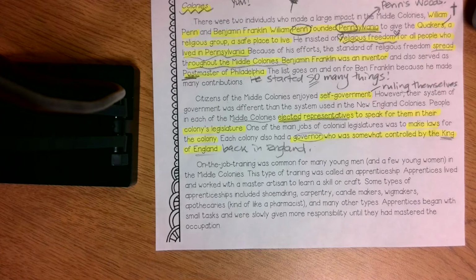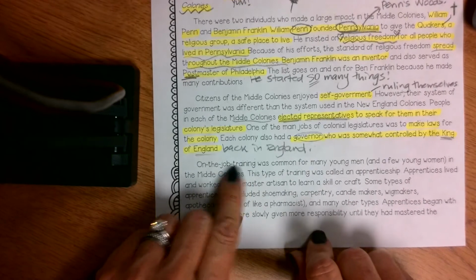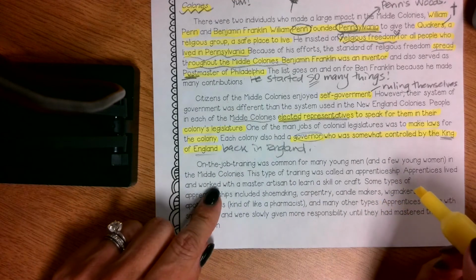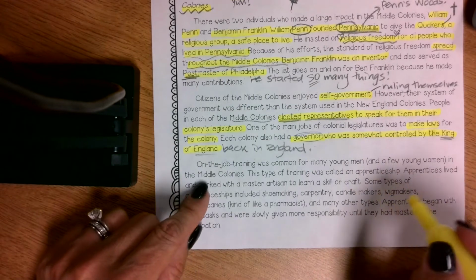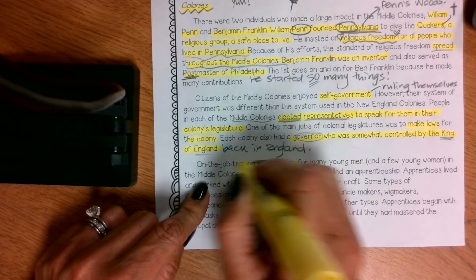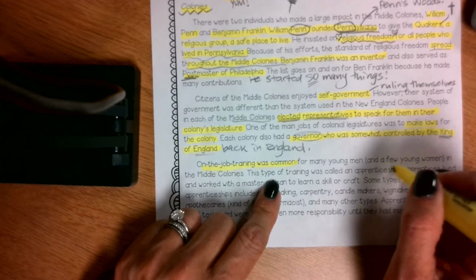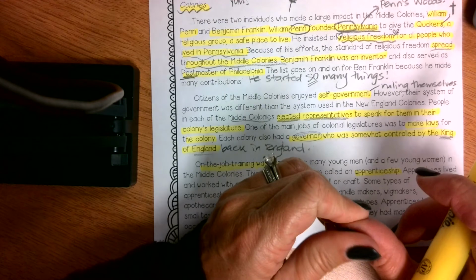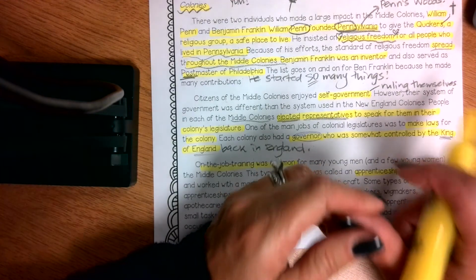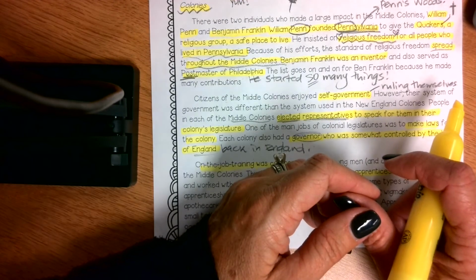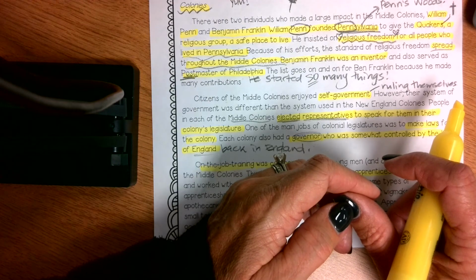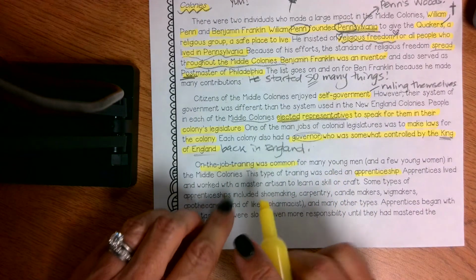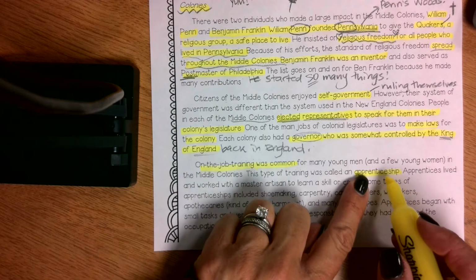Okay, on-the-job training. That means you're being trained to do a job while you're doing it. On-the-job training was common for many young men and a few young women in the Middle Colonies. This type of training was called an apprenticeship. That means, you guys, that someone who is a master at doing something like making wigs or being a blacksmith or making barrels or making shoes would train someone young in how to do their job.